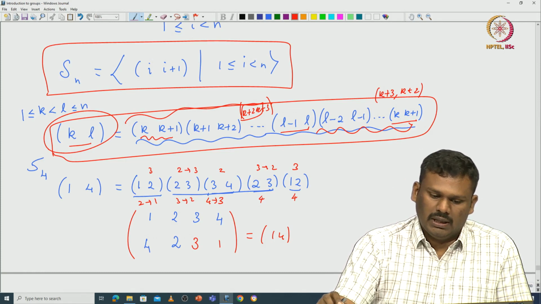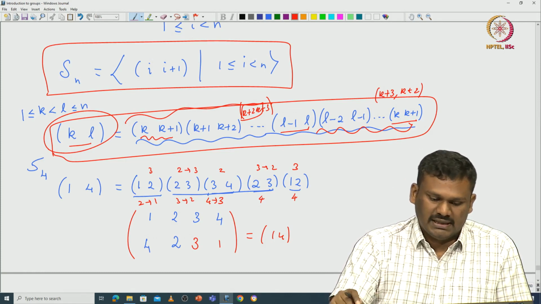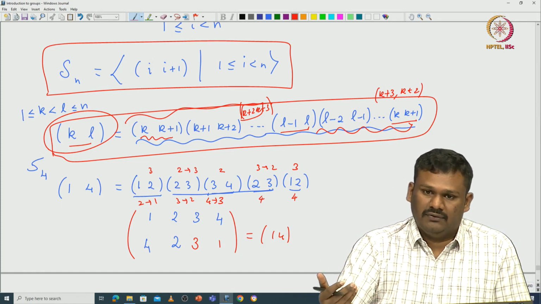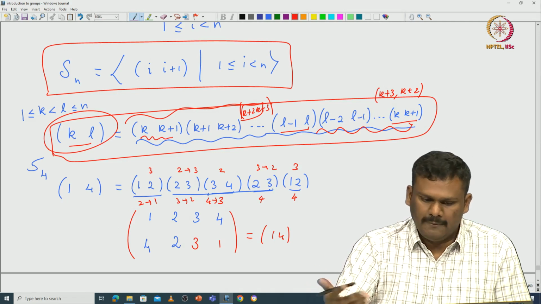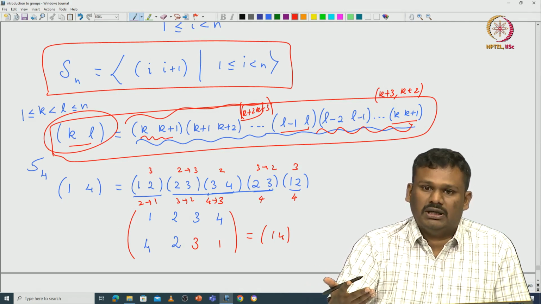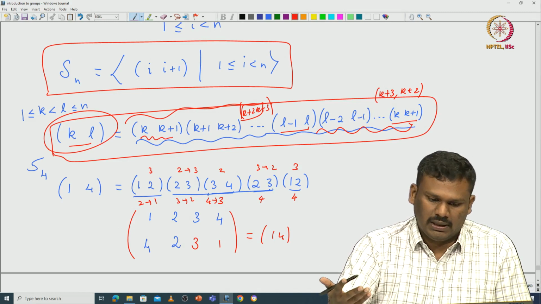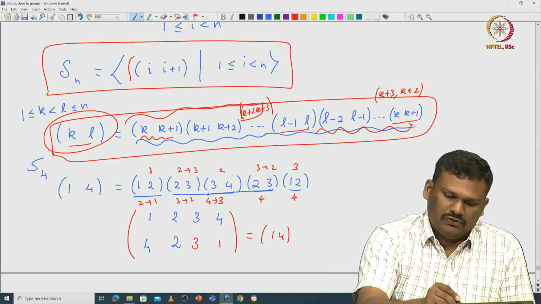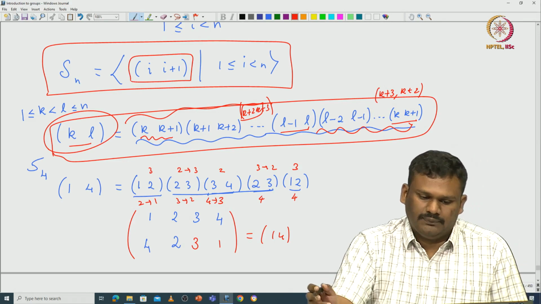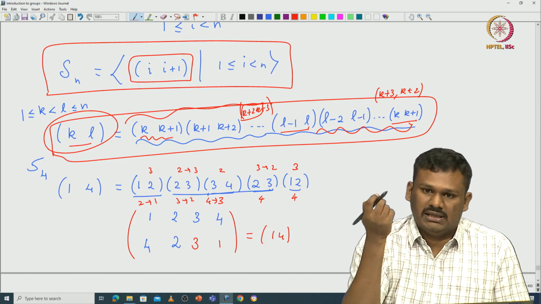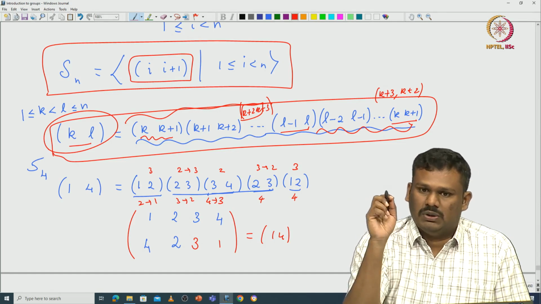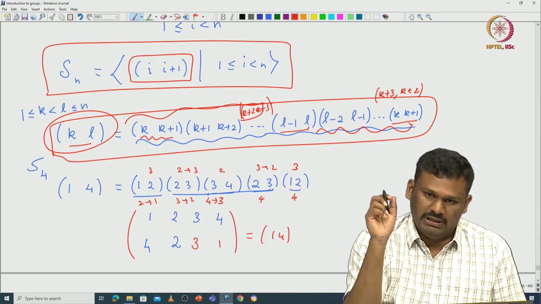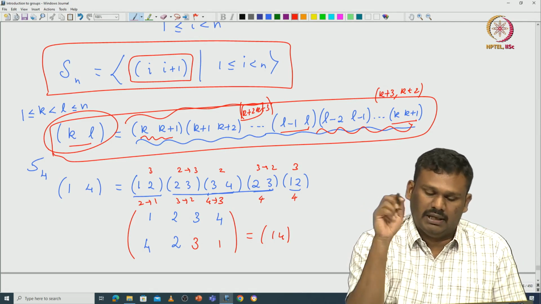Okay. So, as I said, this Sn has another way of being realized. Okay. That is using permutations of the identity matrix. So, then this (i i+1) indeed corresponds to switching the ith row and (i+1)th row, or the ith column and (i+1)th column.